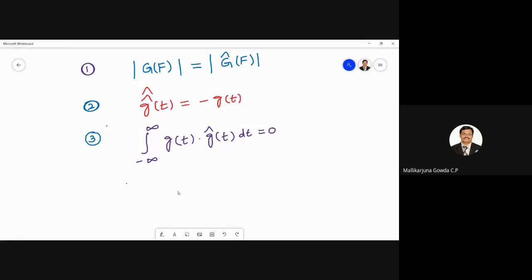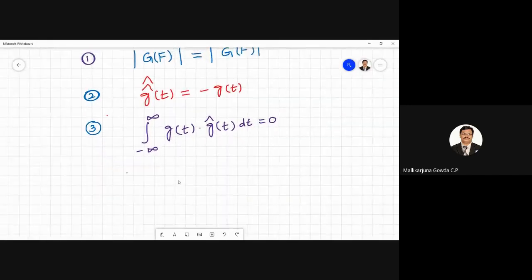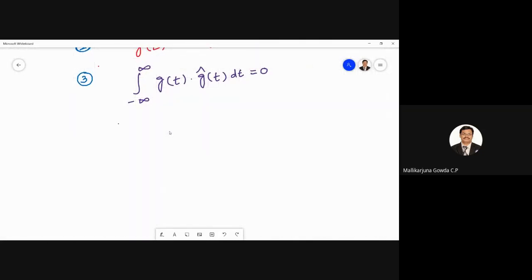Just to give more insight into this, whatever properties I said, you can add one more line to this. As I said, the integral of g(t) g-hat(t) dt over the interval from minus infinity to infinity is 0. If you write just this one line, you may not get proper marks. What you are supposed to do is show how we can prove this.